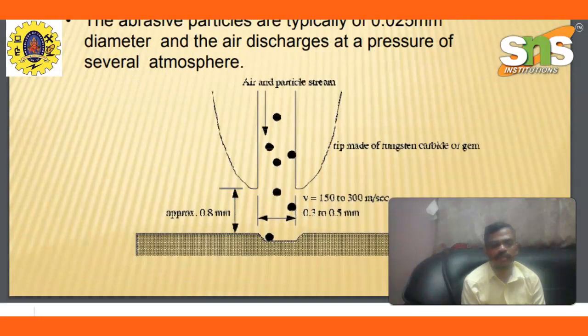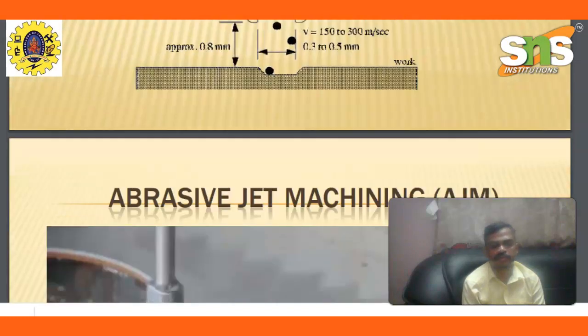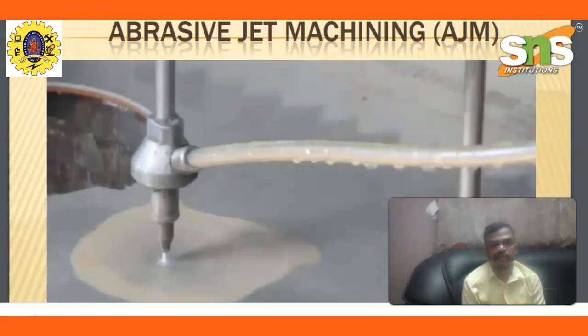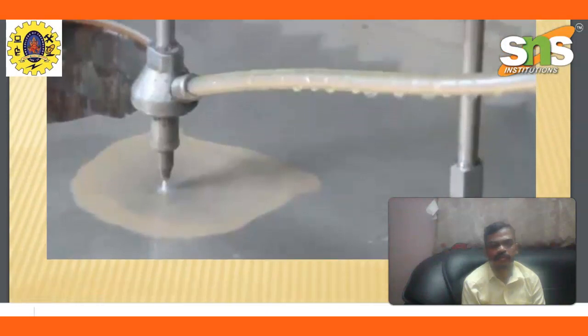These are the examples: approximately 0.8 mm depth and 0.3 mm breadth. The air and particle streams. Tip made of tungsten carbide. Abrasive jet machining examples.